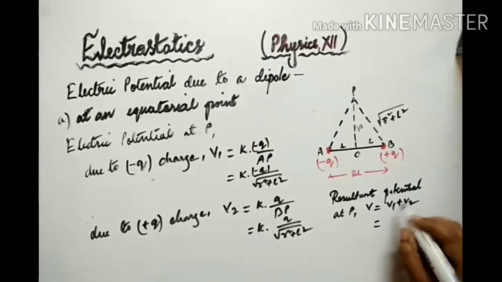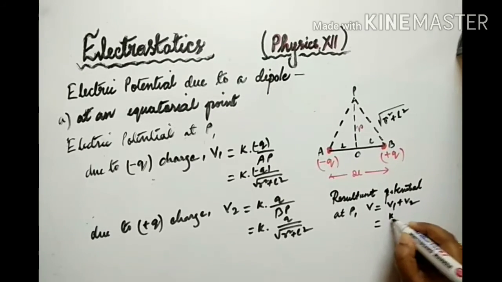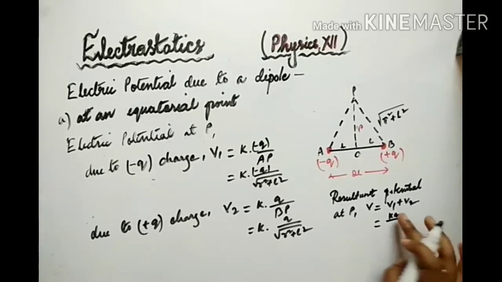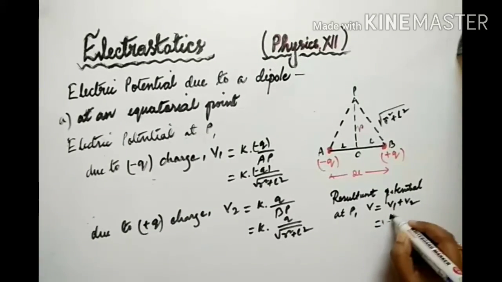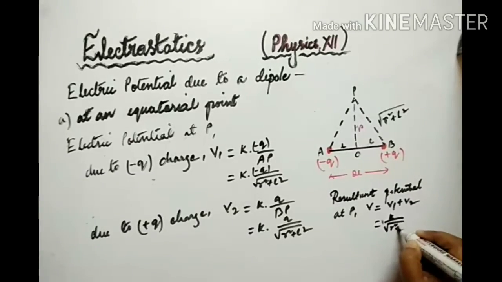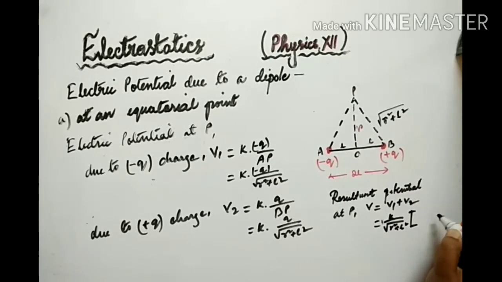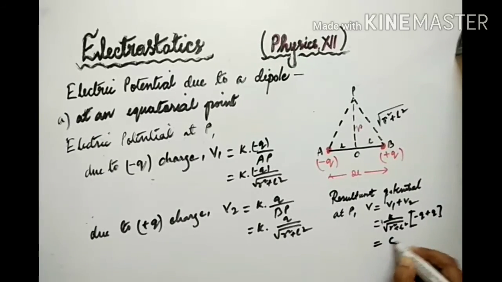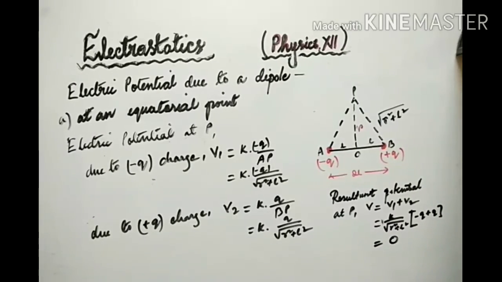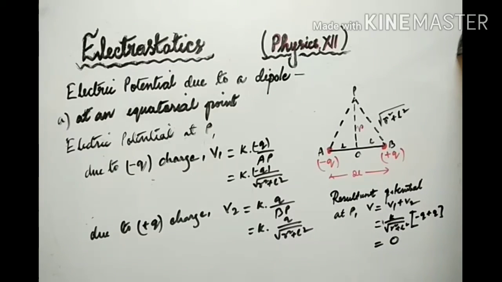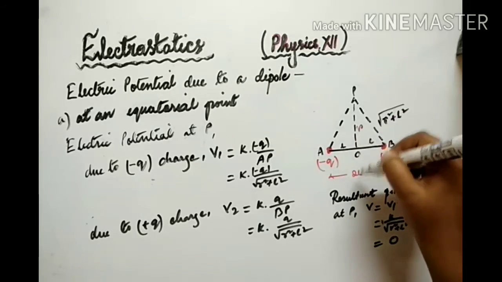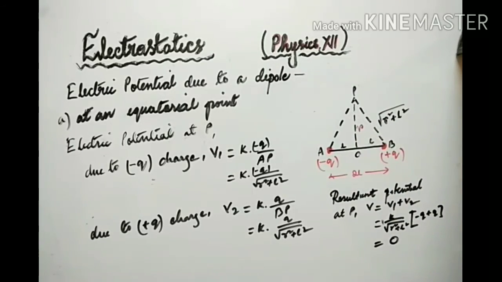Let us take K by root over R square plus L square common. What will be left? Minus Q plus Q, so it will be 0. So the resultant potential at any point on the equatorial line will be 0.